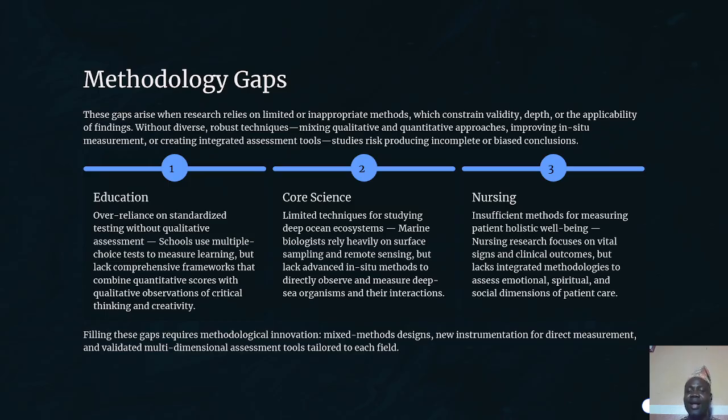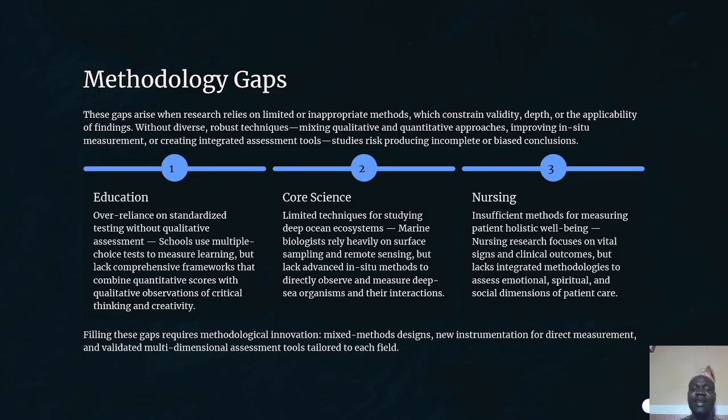So it's very easy to get a research where a thermometer was used to measure temperature, something to measure blood pressure and so on. But for the emotional, spiritual, somebody can say, I want to do a scale to measure this. So filling this gap requires methodological innovation, and you can use a new design, a new instrumentation, a multi-dimensional tool.